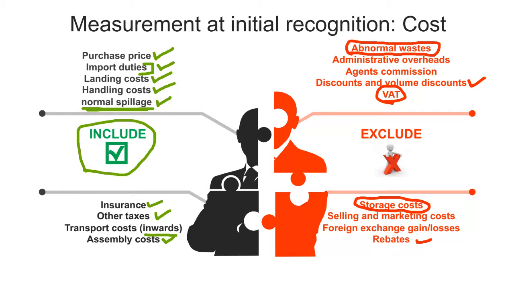So when you're dealing with a good where storage cost is a type of production process, then you must include it in the cost of inventory, right? So if your storage cost is critical to the production process, and you cannot sell it without having it stored, then it must be included in the value of the goods, right?